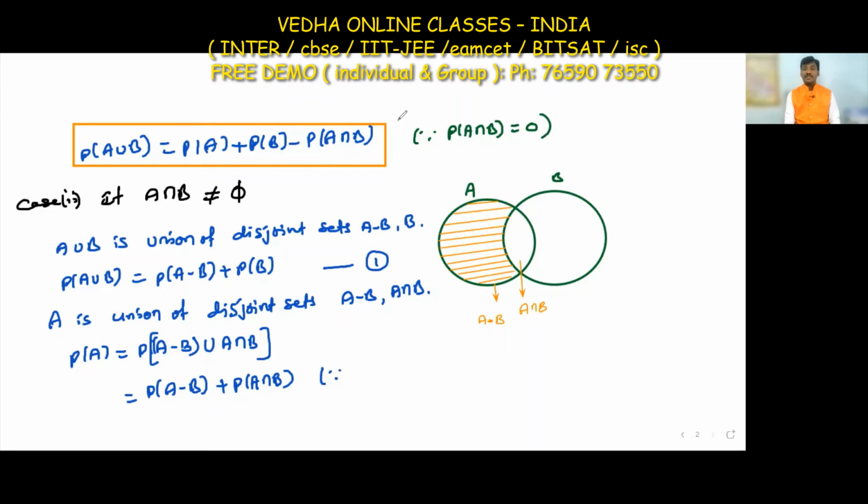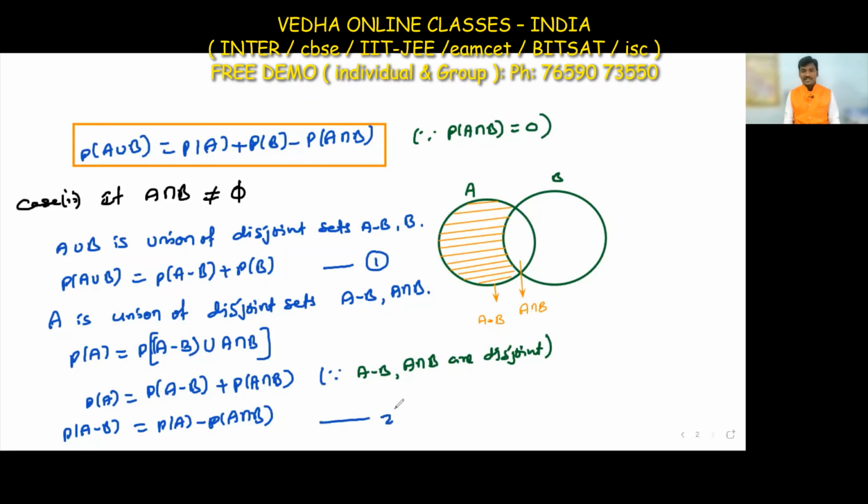Since A minus B, comma A intersection B are disjoint, directly we can add the probabilities of those two. And what is probability of A minus B from this? Probability of A minus B is equal to probability of A minus probability of A intersection B.